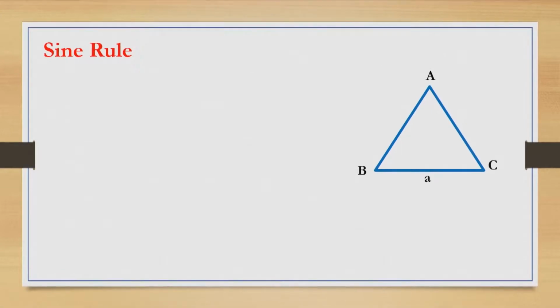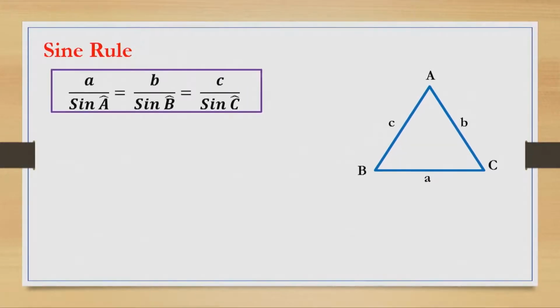Opposite to angle A, I will have small letter a. Opposite to capital B, I will have small letter b. Opposite to capital C, I will have small letter c. So here, small letters a, b, c will denote the lengths, and capital letters A, B, C will denote the angles.